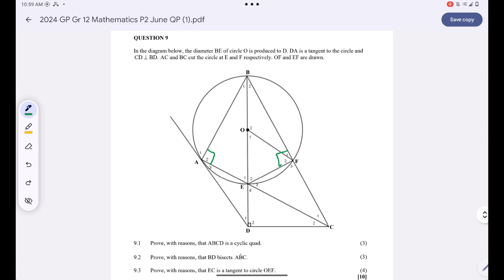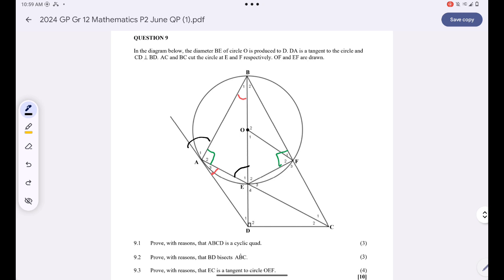And then we are also told that DA is a tangent to the circle, and CD and BD are perpendicular. Since DA is a tangent, I know that A3 is equal to B1 according to the tan-chord theorem, and also A1 is equal to E1 according to the tan-chord theorem.